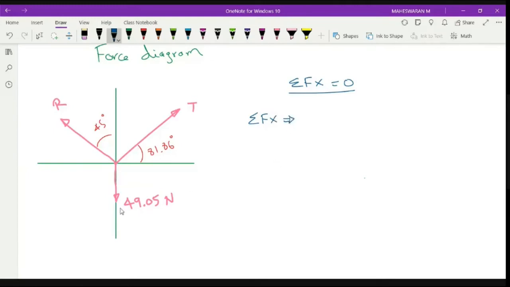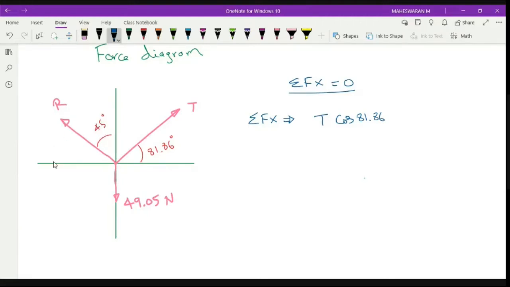So you have T, bring this T to x-axis, where the angle is decreasing. T cos 81.86, positive because it is in the first quadrant. And when you bring this to x, your 45 degree is increasing, which means it has to be sine.